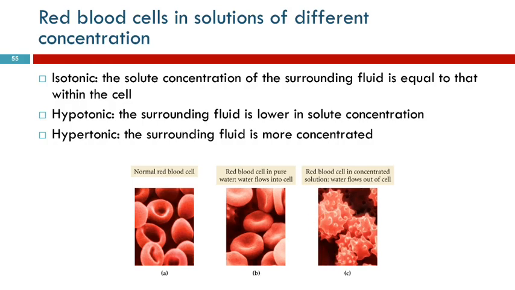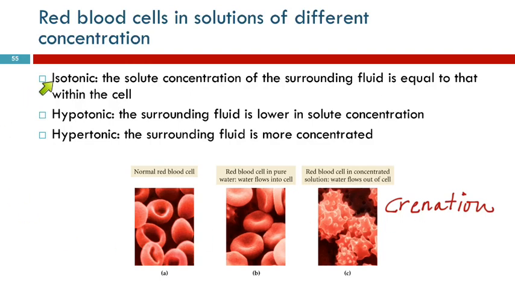There's a name for that, it's called crenation. Crenation is when red blood cells shrivel up because they're in a solution that is too high in concentration of ions.